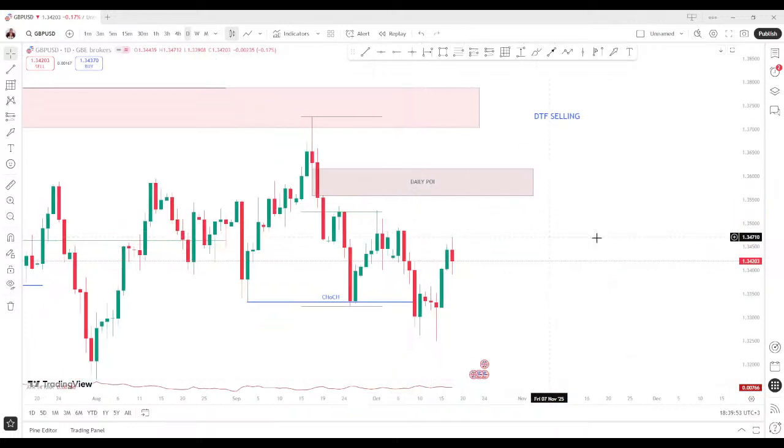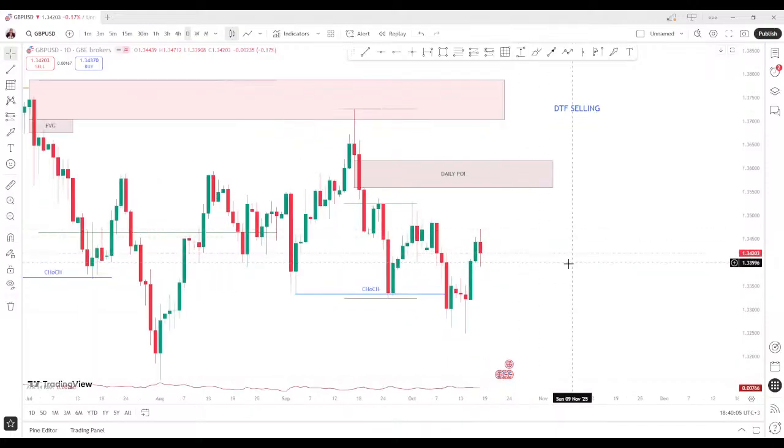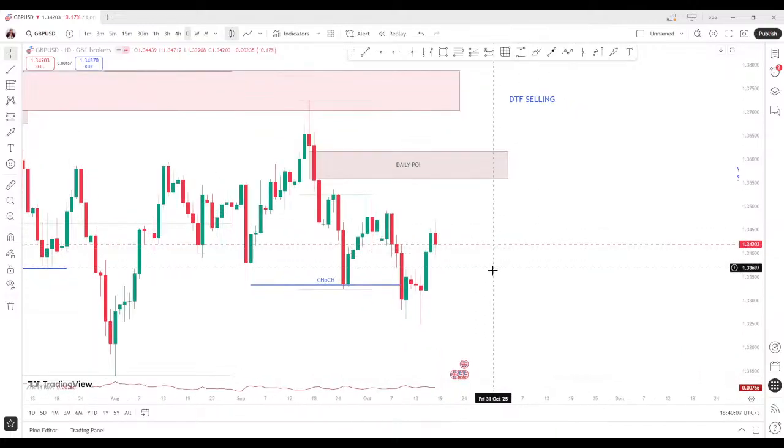So I'll be expecting that when the market comes here, I can look for a major sell. I can look for a major sell. Now, having said that, we know that this market will not do any major sell until it comes here. It will not do any major sell.